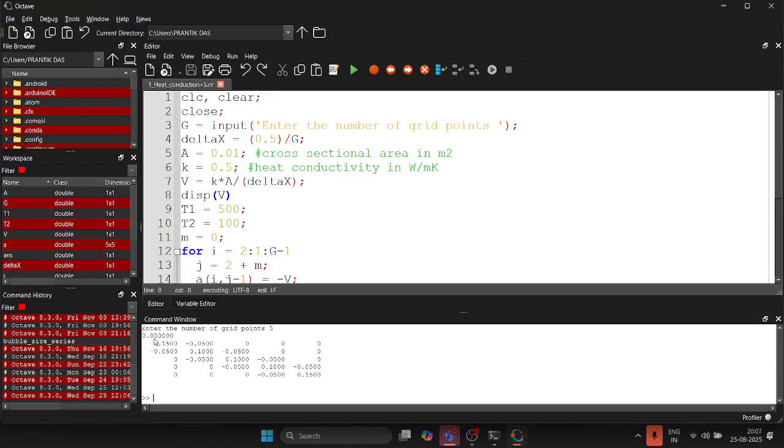So 0.05 multiplied by 3 comes to be 0.15. And this one is 2 minus 1 and minus 1, so it is coming to be minus 0.05, 1 and minus 0.05. That's how the whole thing appears.